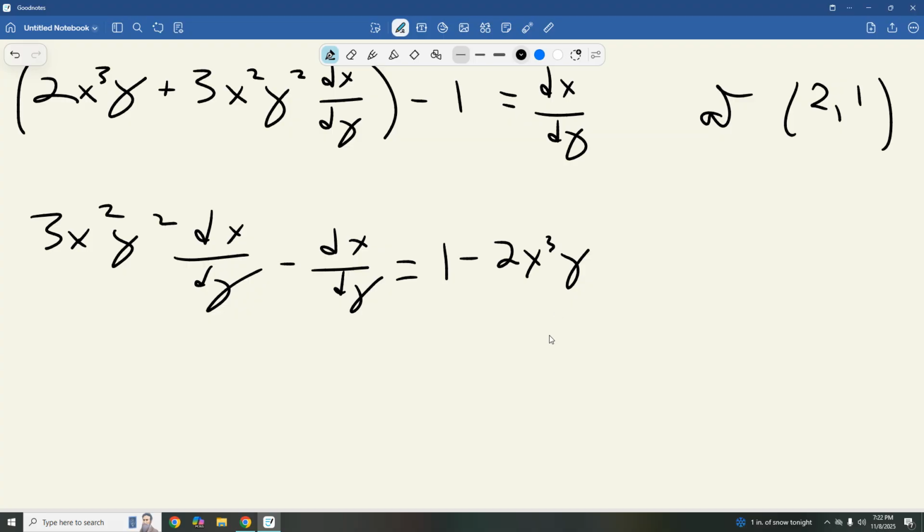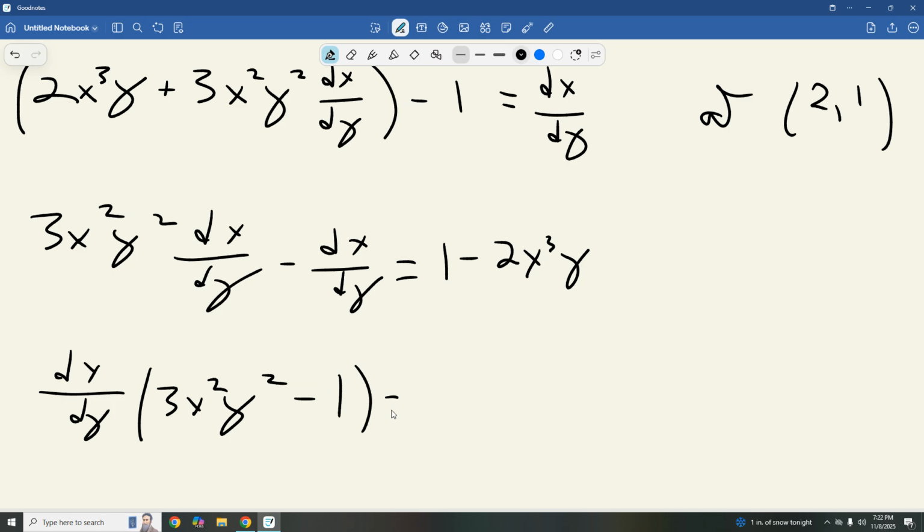Okay, perfect, easy. Now we just do what we've been doing, which is factor this out. dx over dy times (3x squared y squared minus 1) equals 1 minus 2x cubed y.